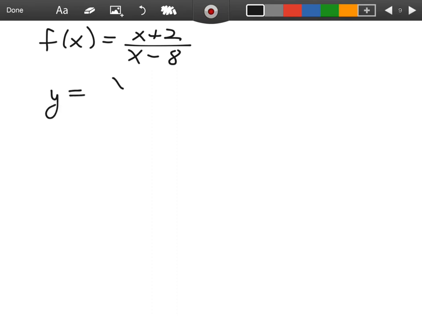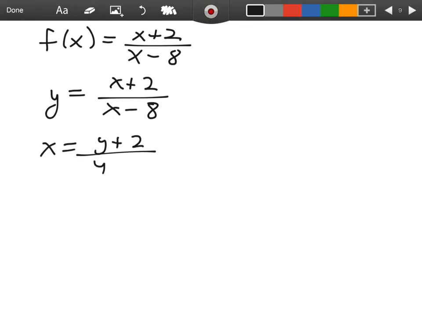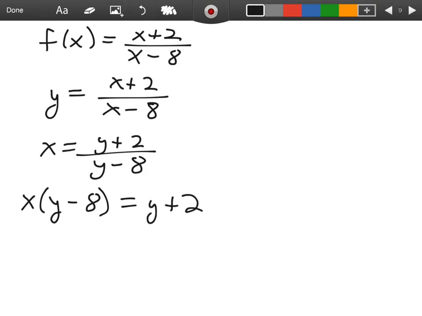Another example. Change f of x to y. Switch all x and y. Solve for y. Now this one can be a little bit trickier to solve for y. I'm going to first multiply both sides by the denominator to get rid of the fraction. Then I'm going to distribute.